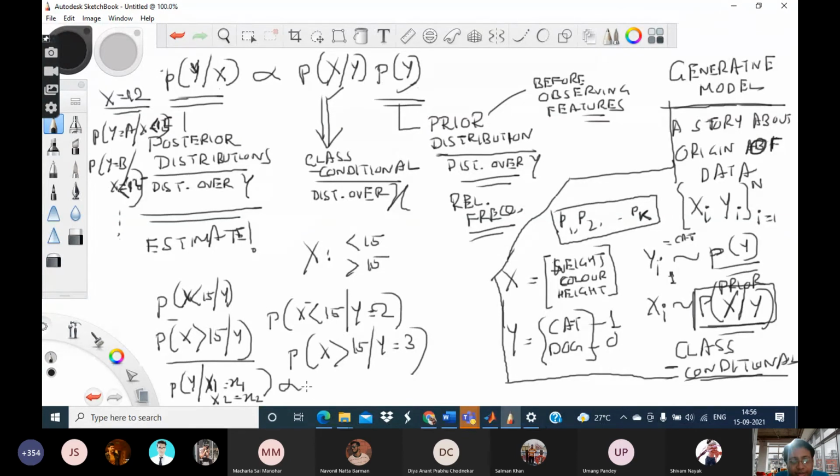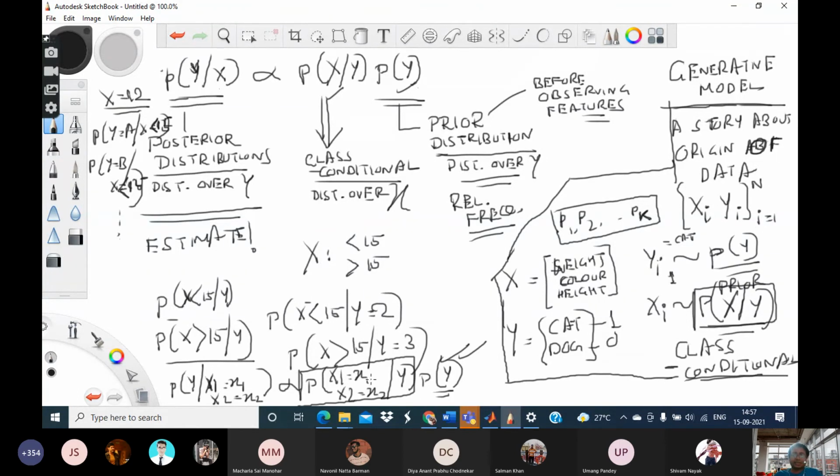So this I must write as probability of x1 equal to small x1, x2 equal to small x2 given y, times probability of y. So this part remains unchanged. This is the prior. The problem arises with this part.